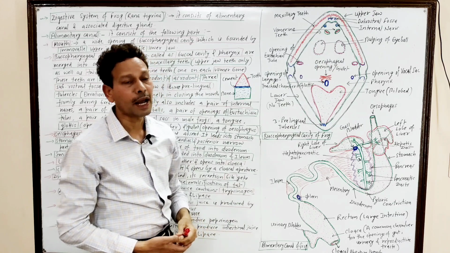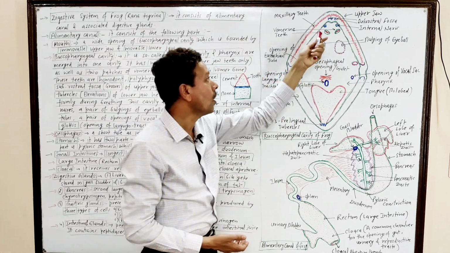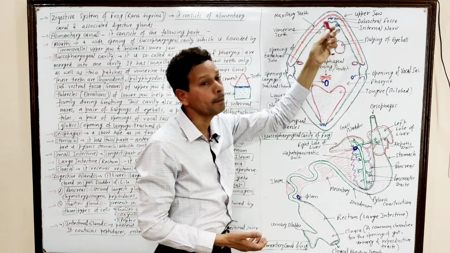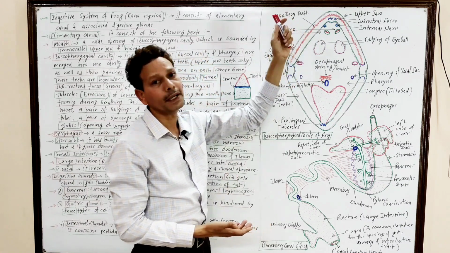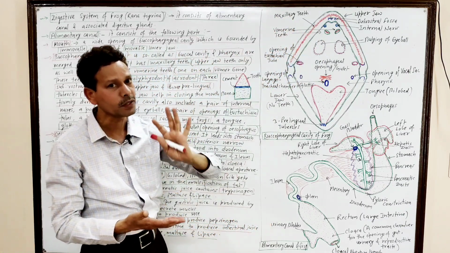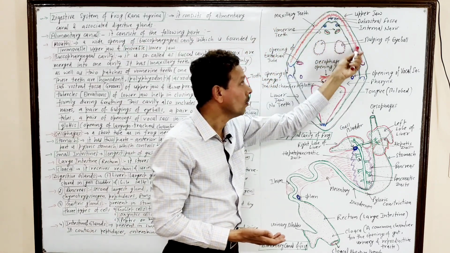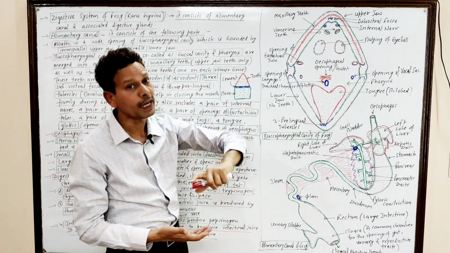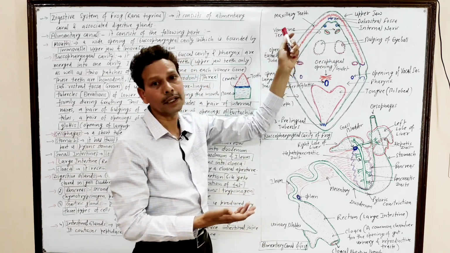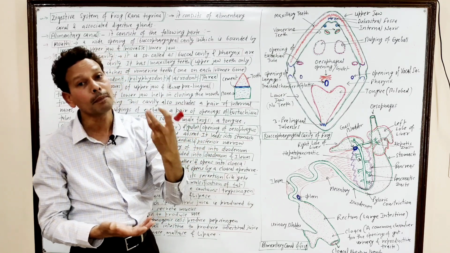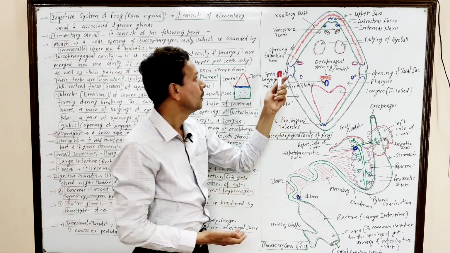In this buccopharyngeal cavity, the upper jaw also has a pair of patches of vomerine teeth. It means in frog, the upper jaw has a row of maxillary teeth as well as two patches of vomerine teeth, present on the vomer bones, one patch on each vomer bone.